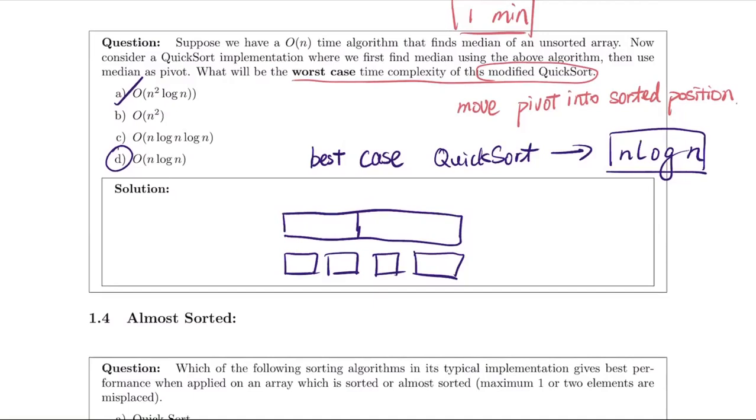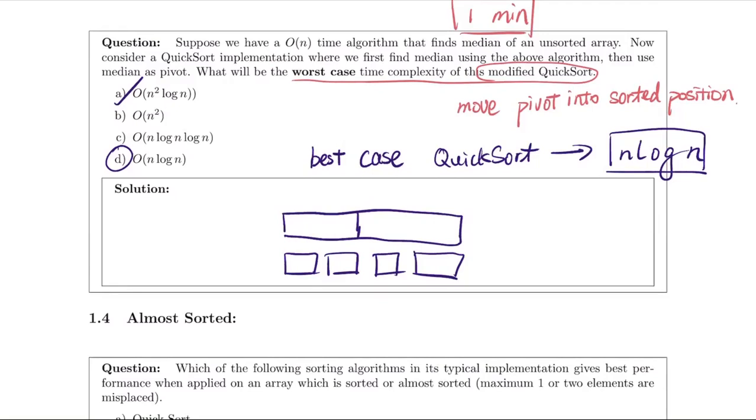This question is essentially asking what is the best time complexity of the modified quicksort, because we are forcing our sorting algorithm to directly choose the median as the pivot.